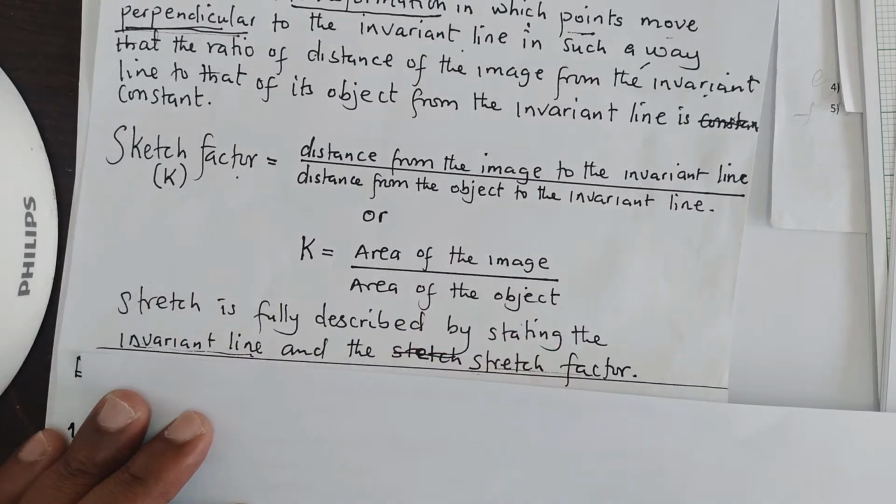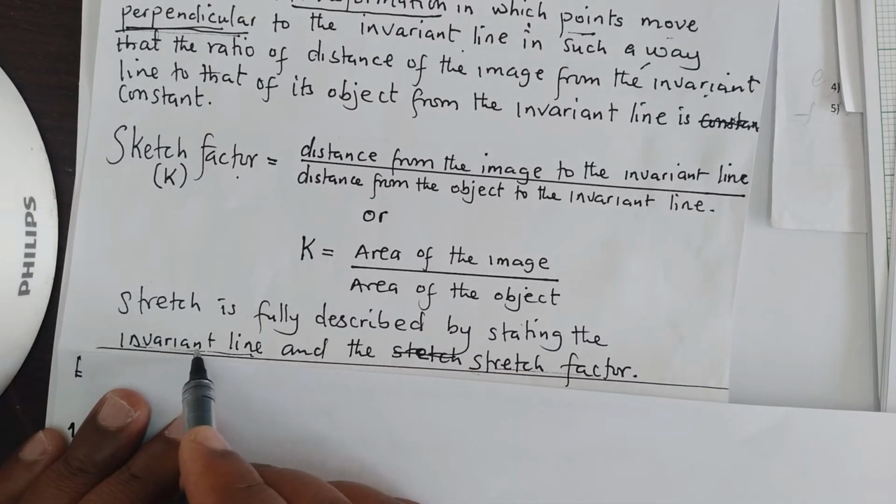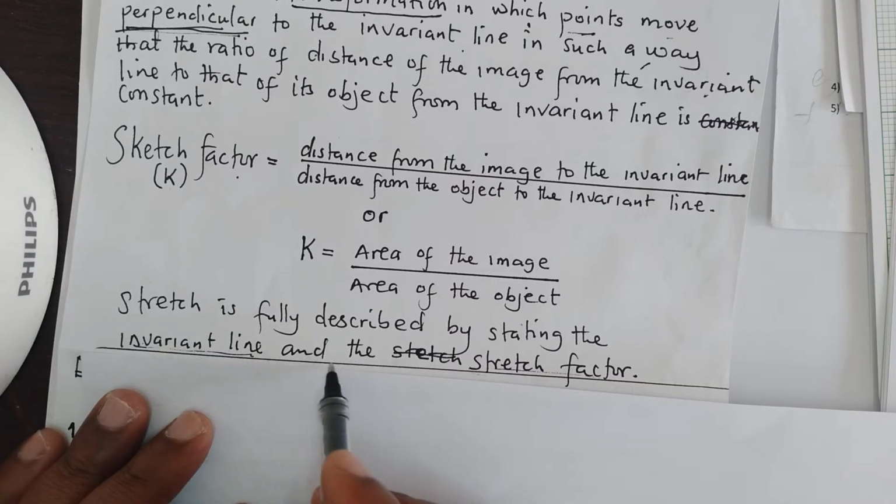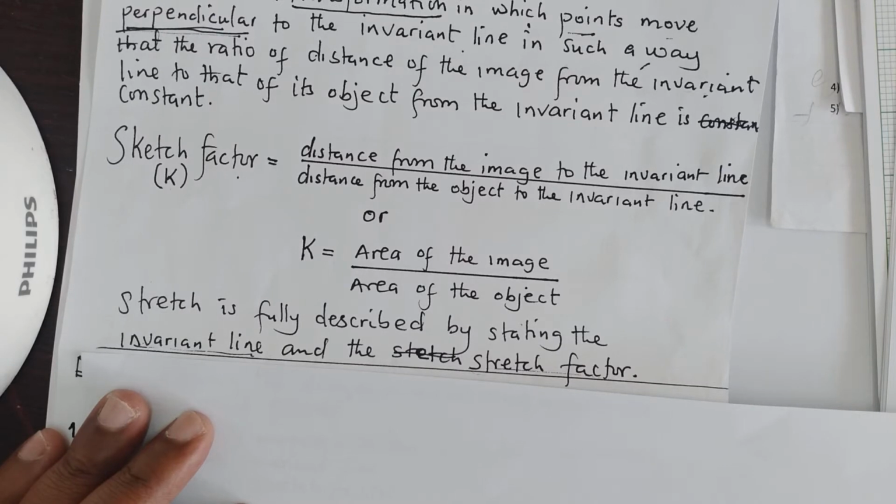So two things are cardinal here: you state the invariant line, the line whose coordinates are fixed or unchanged, and the stretch factor.